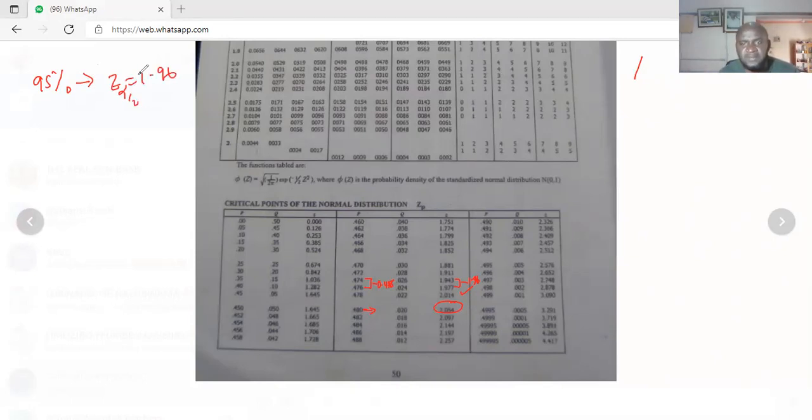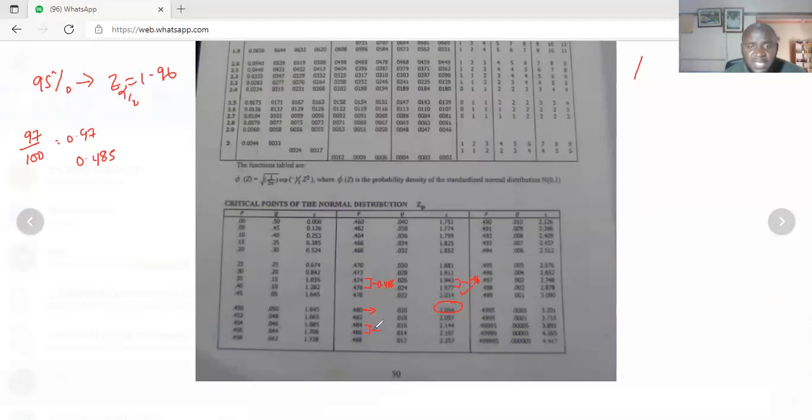Then you substitute. This one was 97%, and we got 0.485. 0.485 is not there, but you have 0.484 and 0.486.